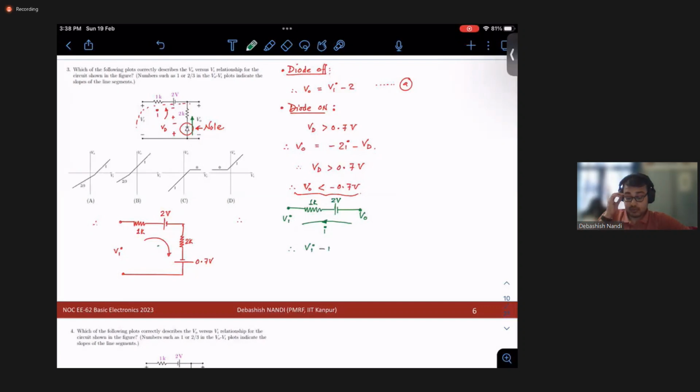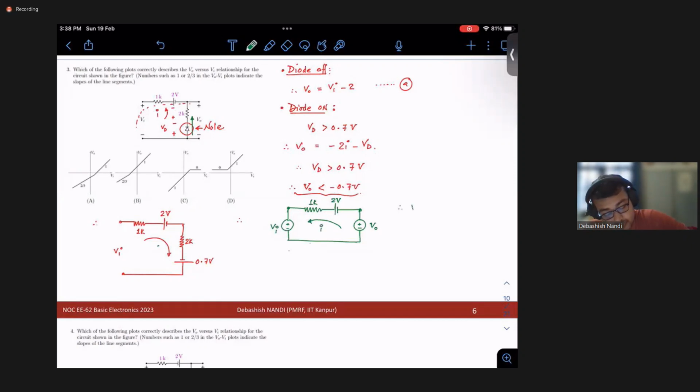Let me make it simpler for you to understand, right? This is V naught, this is Vi, and the current is flowing in this direction, right?